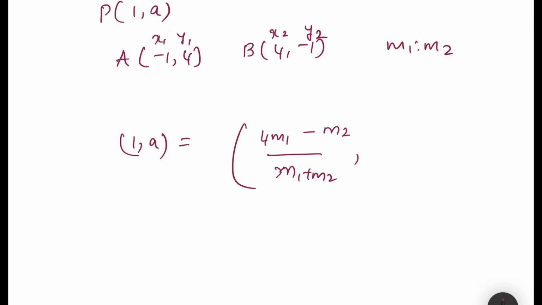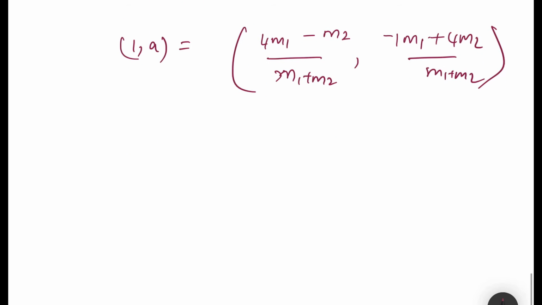Next one we have m1 you get, so minus 1 m1 plus 4 m2 by m1 plus m2 you have. So let me relate the first part. 1 is equal to 4 m1 minus m2 by m1 plus m2.